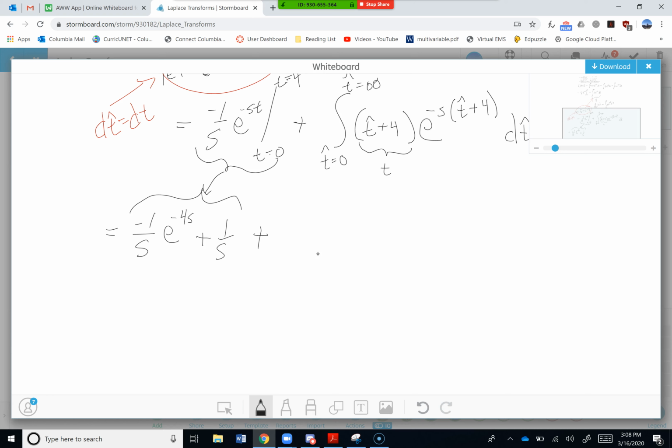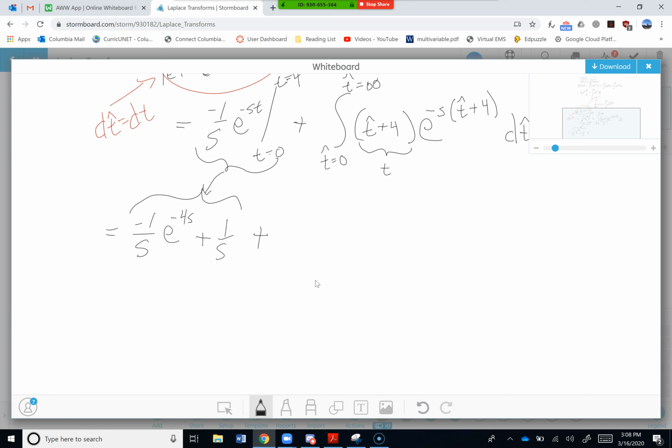And then I have a plus, and this guy now looks more like the Laplace transform I wanted. But some stuff got weird: now there's this t hat plus 4 in there.